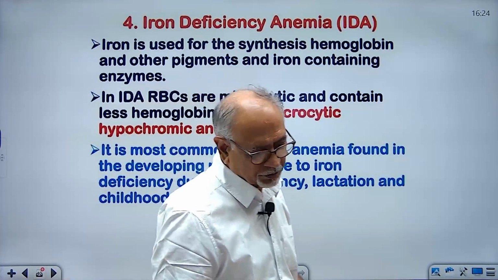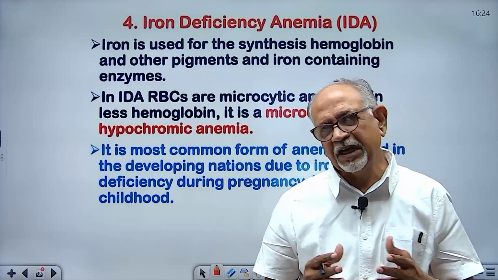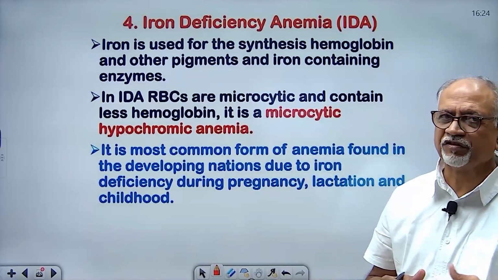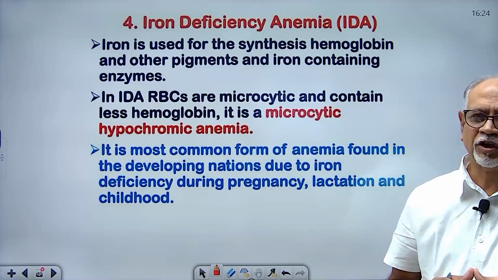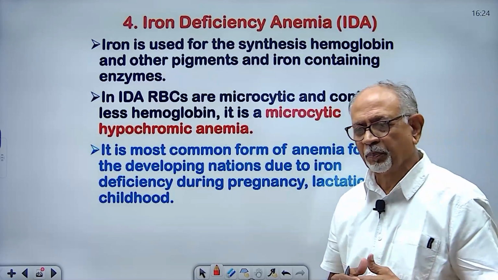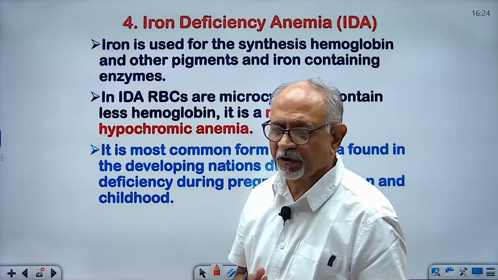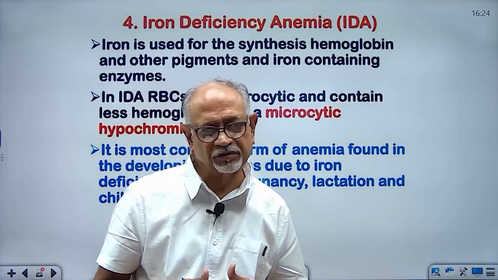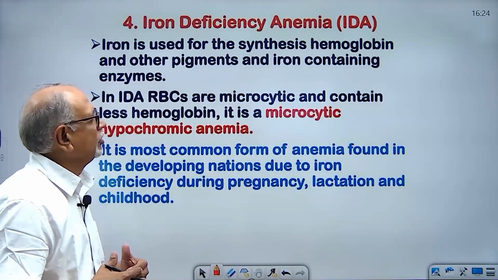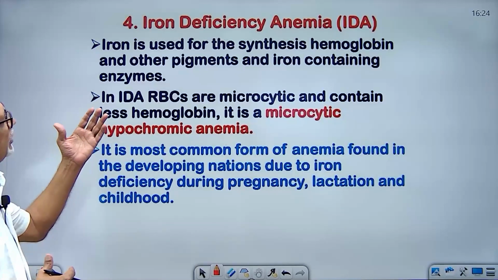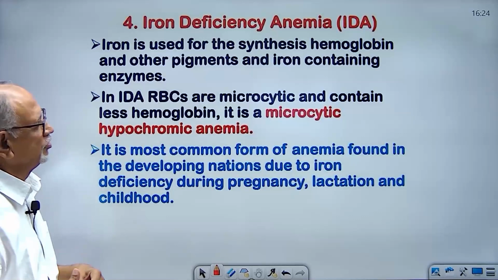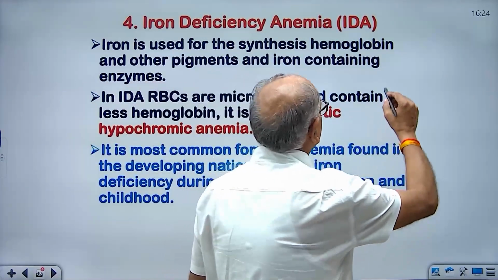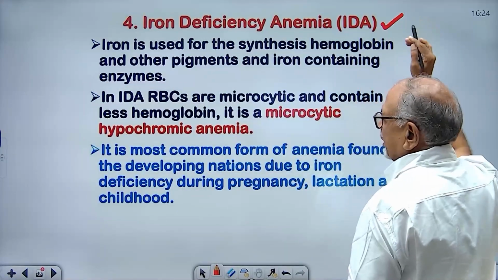Iron is a key element for synthesis of hemoglobin, because a hemoglobin molecule has 4 heme molecules formed of iron pigment. So, if there is a deficiency of iron, it is called iron deficiency anemia, popularly called IDA.